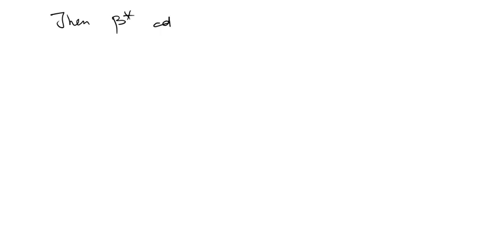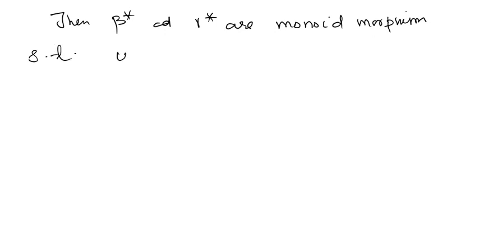Beta star and gamma star are monoid morphisms, such that U beta star is equal to U gamma star for all U in U star, because at 1 they are equal. 1 beta is same as 1 gamma. U पर तो है ही equal these two, so they are equal since U is in U star.